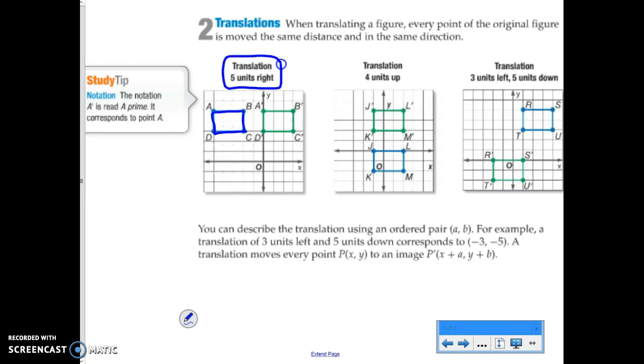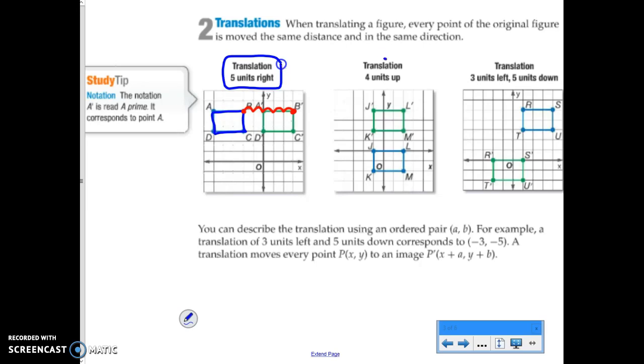We've got points A, B, C, D that make that figure, and it is being translated 5 units to the right. So notice how if I take my pen and put it on B, I've got 1, 2, 3, 4, 5. That coordinate point for B is moved 5 units to the right, as well as all the other 3 points on that coordinate plane.